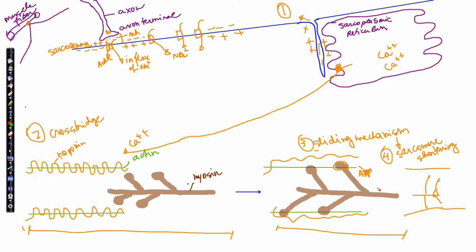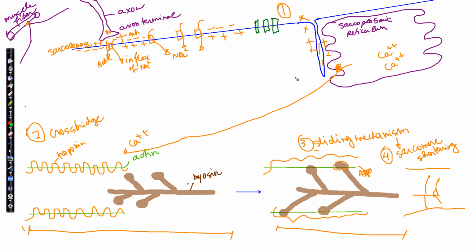And how does this end? So the end of it is when on the sarcolemma you have other channels. Let me make them a different color here. Let's make them green. So these channels now are for potassium, and they're also voltage gated.